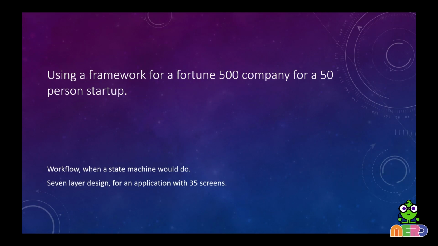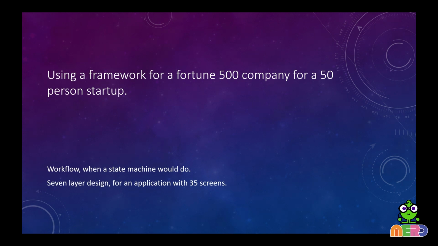I've also seen this too. I don't know if anybody's familiar, I think Microsoft's dropped it at this point in time. They had a product called Workflow, which was designed for large companies, to handle things like an expense report, where you submit it and it's got to go to a certain manager.